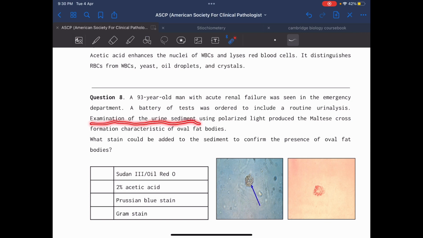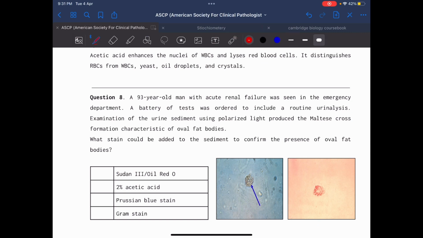Examination of urine sediment using polarized light produced the Maltese cross formation characteristic of oval fat bodies. What stain could be added to the sediment to confirm the presence of oval fat bodies? Gram stain, Prussian blue, acetic acid, or Sudan III oil red?